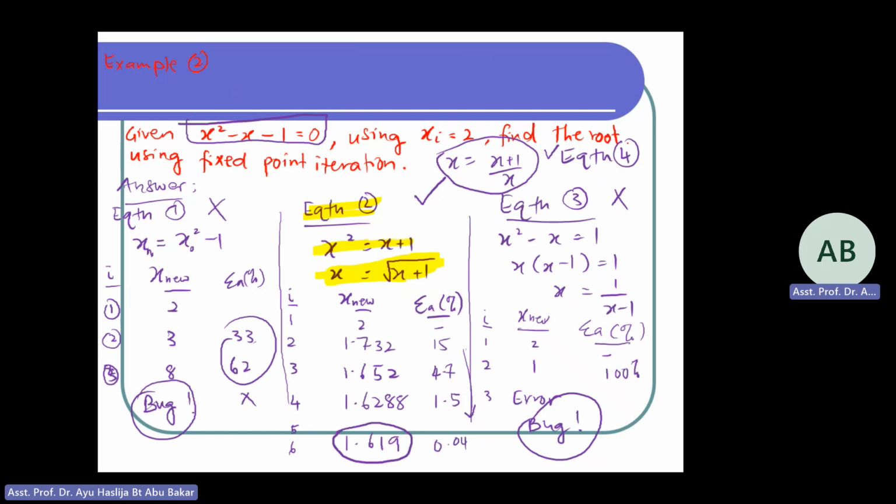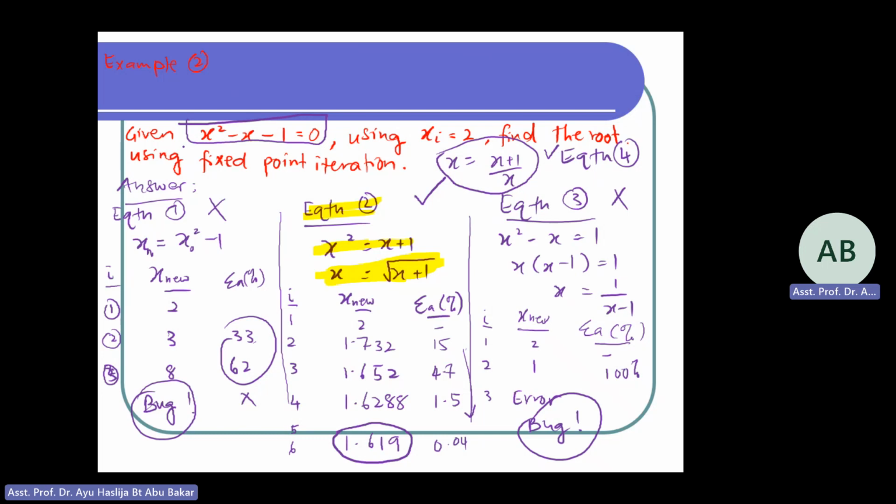For x2 you will get 1.5. But at the 6th iteration, you will get 1.619 as well. Okay. Plug back into the equations, you will get equals to 0.00 something.